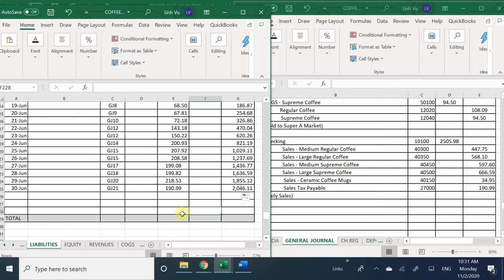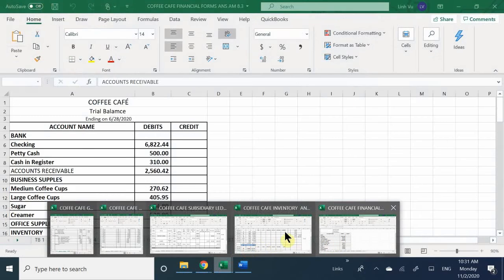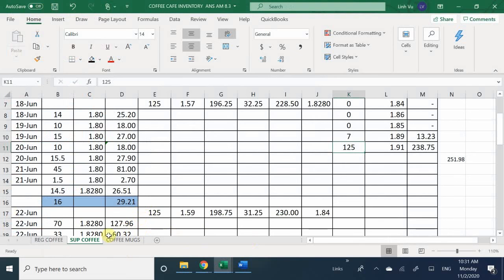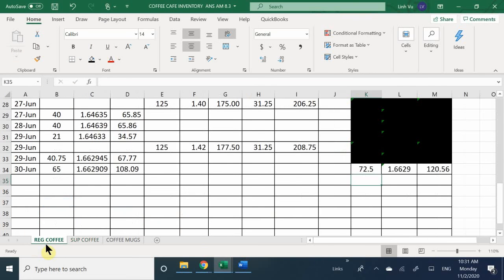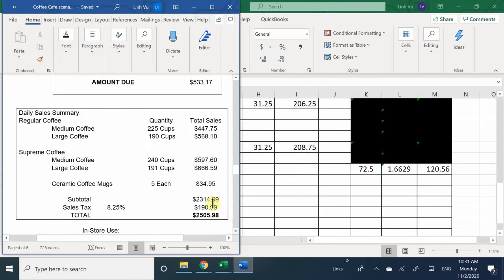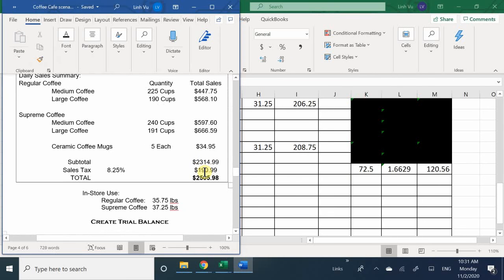Now let's go ahead and calculate our inventory on hand. I'm sorry, our inventory. So let's look at my scenario. How many pounds did I use for regular? It's 225 cups.